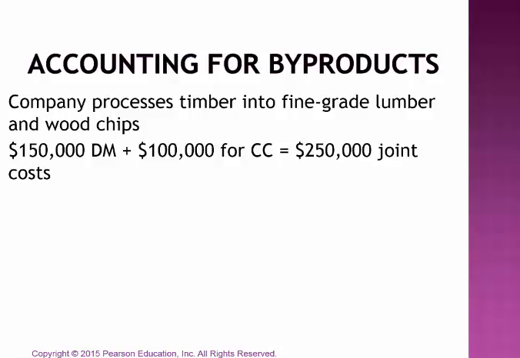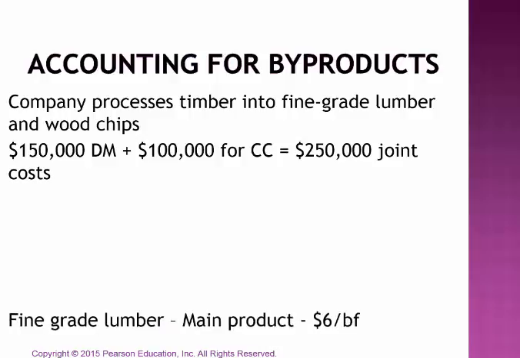And we're going to talk more about conversion costs when we get into chapters 17 and 18. But all in all, they have $250,000 incurred up to the split off point. And we've got to figure out how we're going to go about handling these costs.